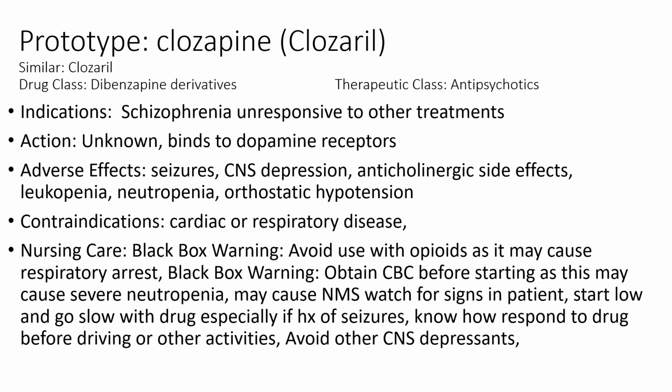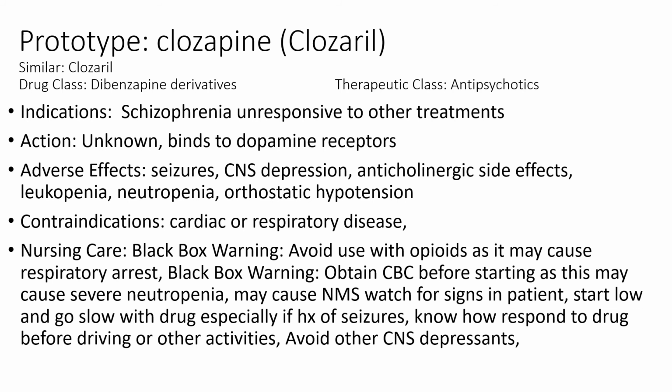clozapine. So this is really reserved for schizophrenics that are really unresponsive to other treatments because it is very effective at blocking dopamine receptors. So you're going to get all of those side effects that we spoke about. Those antipsychotic side effects for sure will come into play. But the main problem with it is its chance of causing bone marrow suppression.